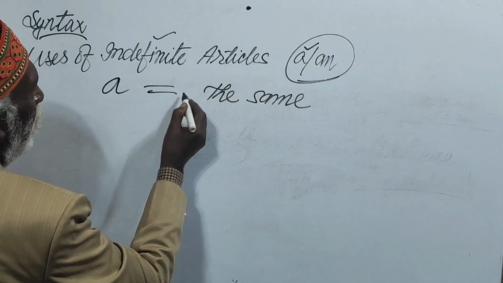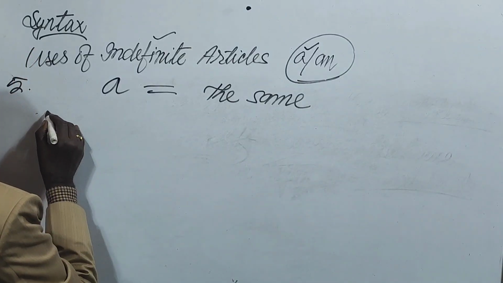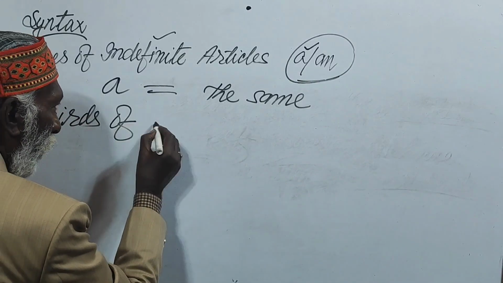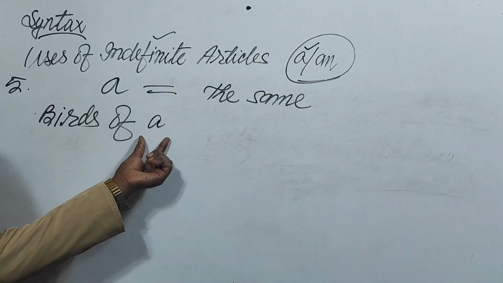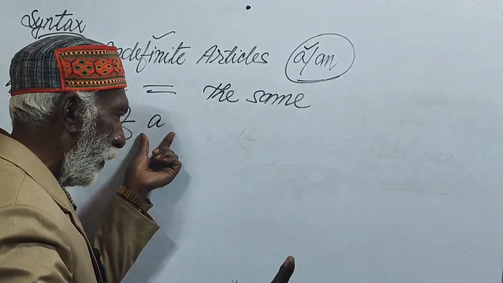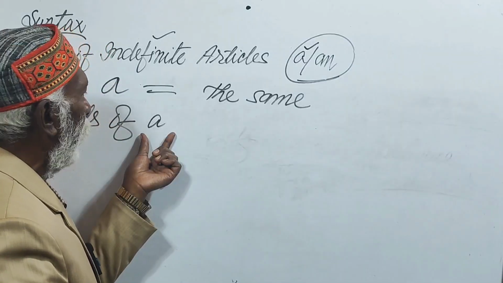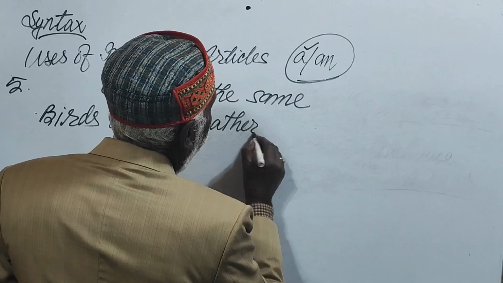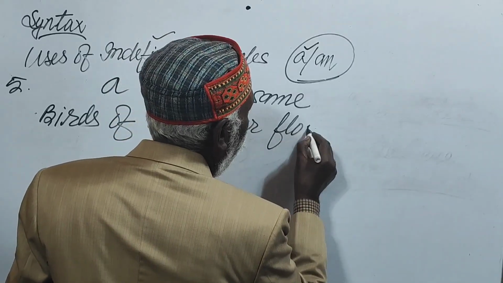This a means the same. Birds of a feather. Birds of a means here one, the same. Birds of a feather flock together.